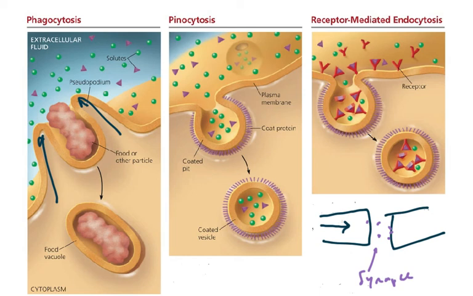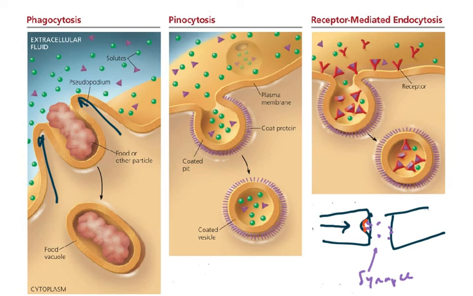Well, it's going to use receptor-mediated endocytosis, so it's going to make an infolding of the membrane, and it's going to have receptors that are specifically shaped to bind this neurotransmitter, the molecule that was signaling between these two cells, and bring it back into the cell so that the synapse, or the gap between these two cells, is not filled with these neurotransmitters anymore.